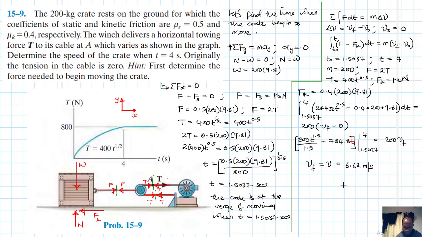Then we say minus again 533.333 times 1.5037 to the power 1.5, minus 784.8 times 1.5037, close brackets, and divided by 200. Yeah, so 6.62 meters per second. I think this is about it. We have found our final velocity.